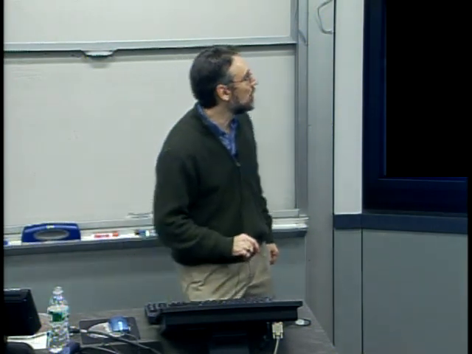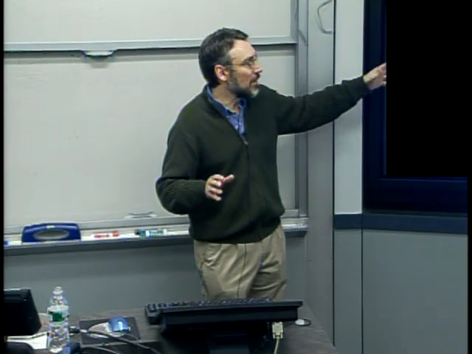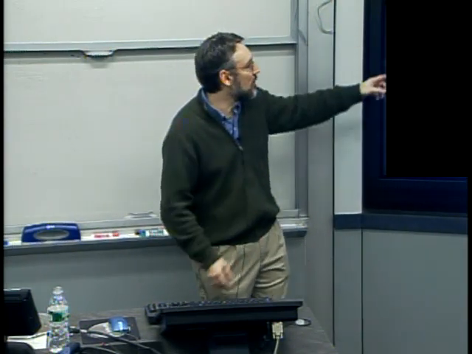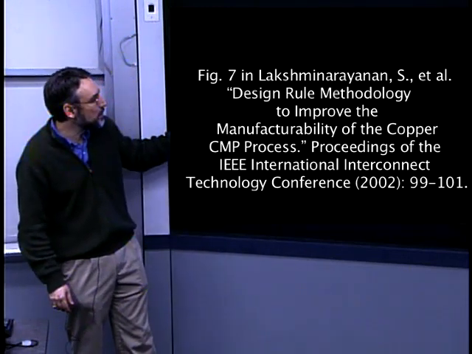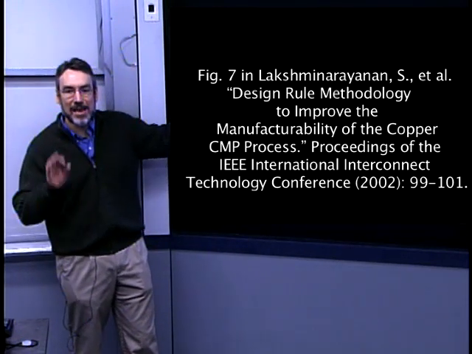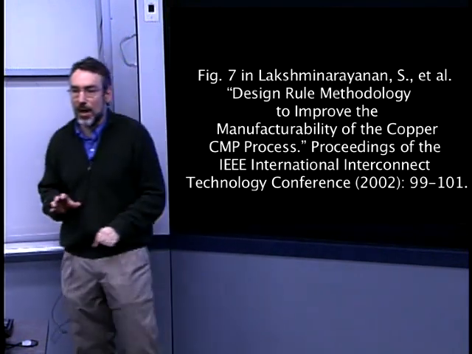And one approach that is dominant in a number of industries is a capturing of these dependencies on design features like line width or line space and what is a good region to be operating in, these ideas of design rules.